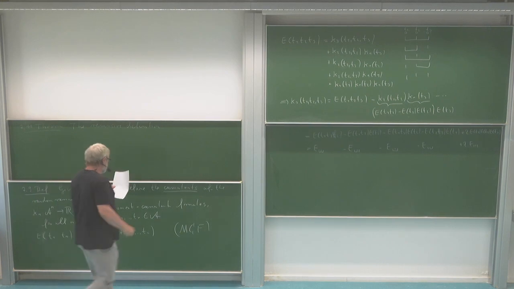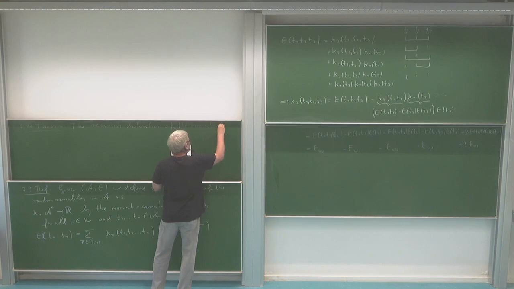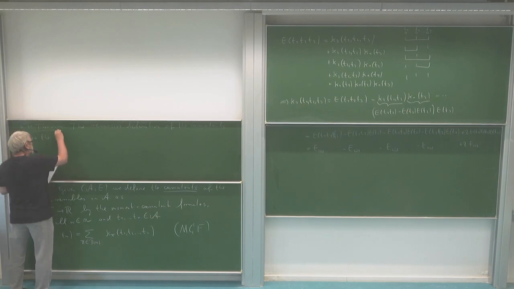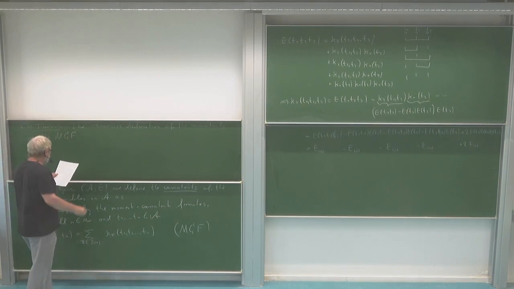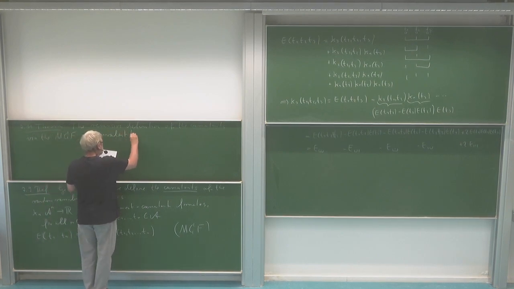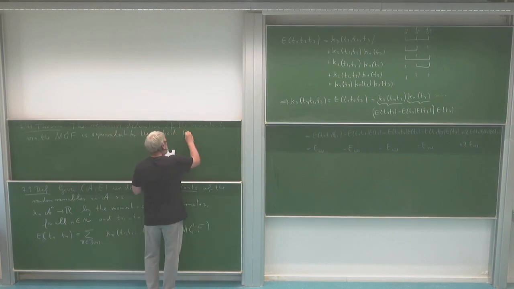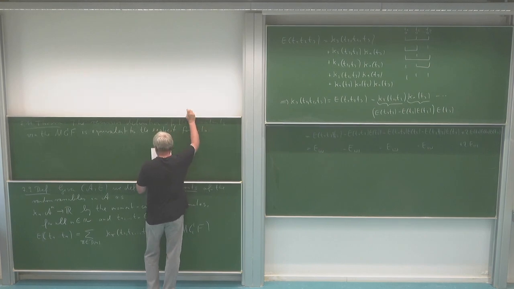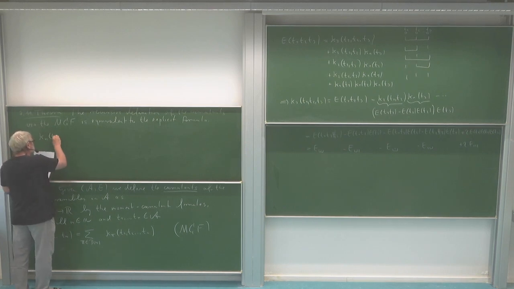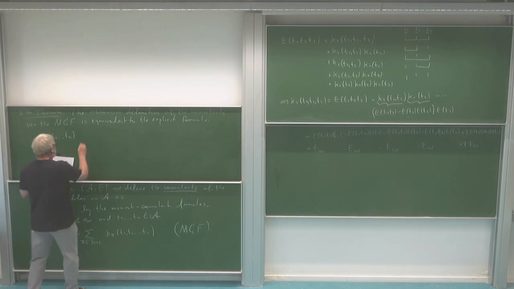So the recursive definition of the cumulants via the moment-cumulant formula is equivalent to the explicit formula, the cumulant-moment formula. So namely, I can really write down a formula which expresses the nth cumulant in terms of the moments. And this formula is as before.